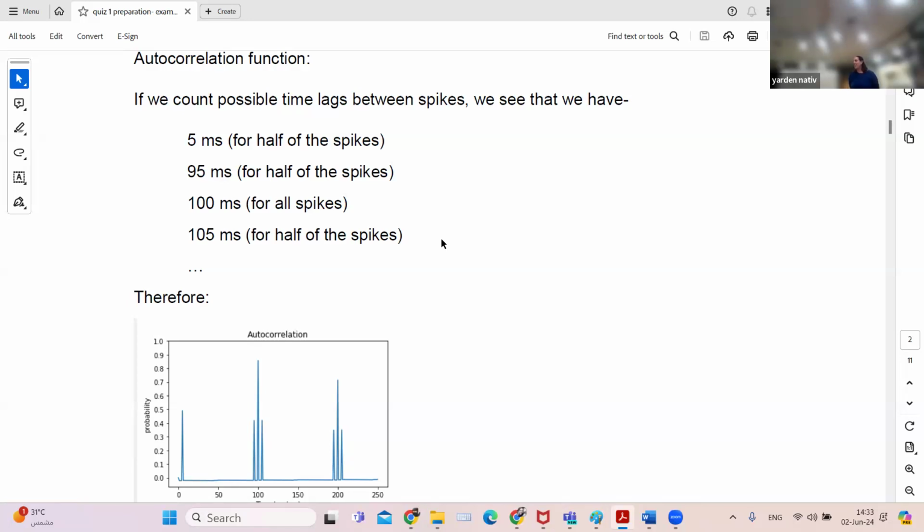And what's the interpretation of this? Autocorrelation and cross correlation are a way to see patterns in the neurons. For many neurons in the brain, a neuron is not interested in the number of spikes going in, but rather in the rhythm.